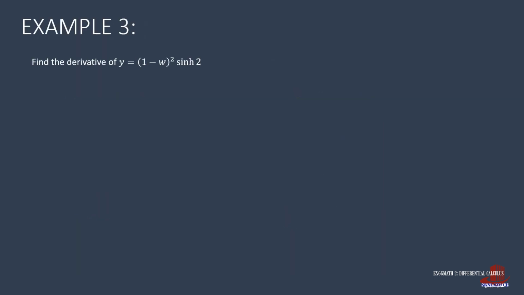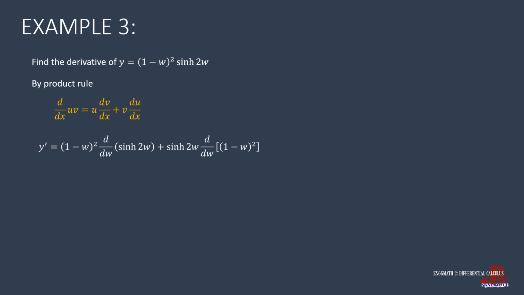Example 3 has the equation y is equal to the square of the binomial 1 minus w times the hyperbolic sine of 2w. We need to use the product rule for the two terms multiplied. So we have y prime as the first term times the derivative of hyperbolic sine of 2w, plus the second term times the derivative of the square of 1 minus w.